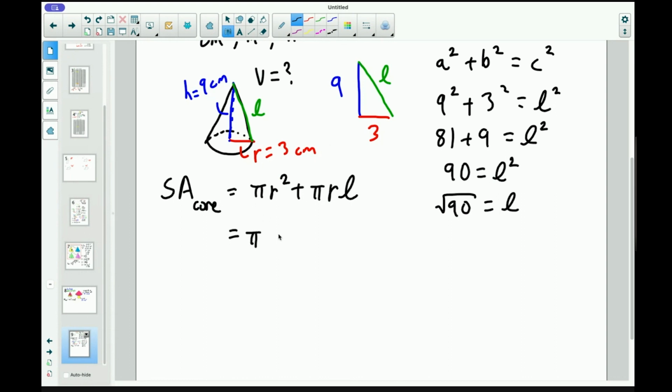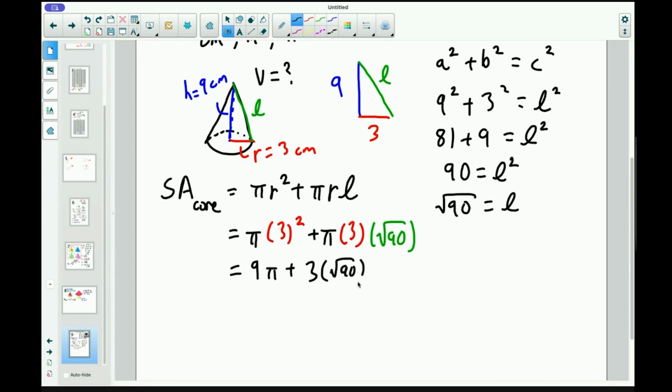So we have pi times 3 squared plus pi times 3 times my L, which was square root of 90. This ends up giving us 9 pi plus 3 times root 90 times pi.